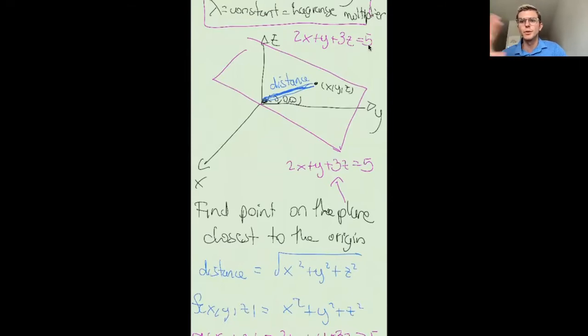So g is always the one that's set equal to a constant, and f is the other equation. Is that making sense now?